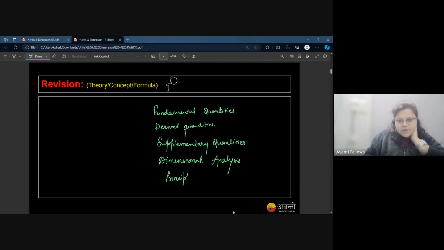So let's start. I hope this spelling is correct, otherwise please check it out. Can anyone explain what we mean by supplementary quantities?